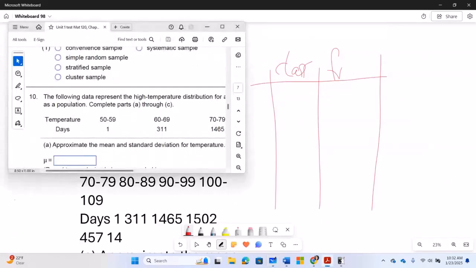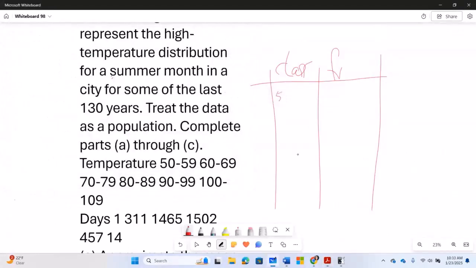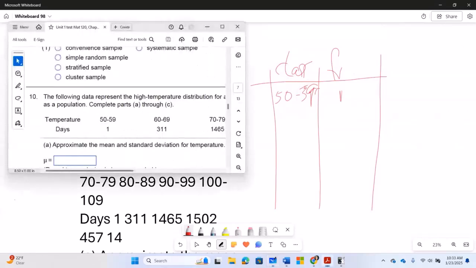The first class is 50 to 59. This is the high temperature. So we're talking about how many days we have a high temperature here. From 50 to 59, only one day. It depends on the interval.